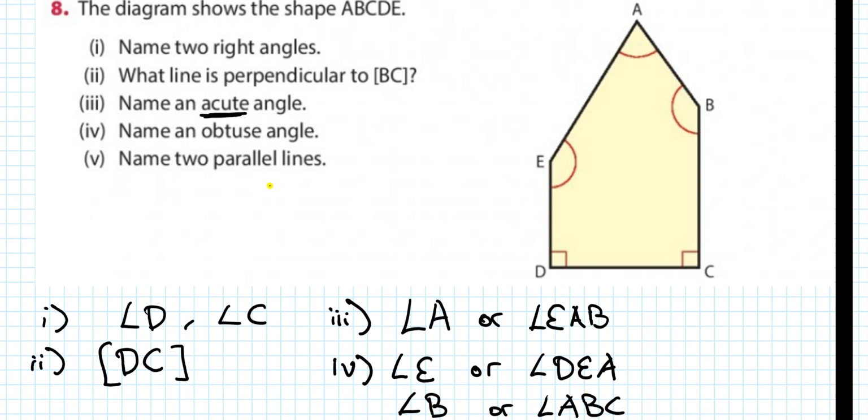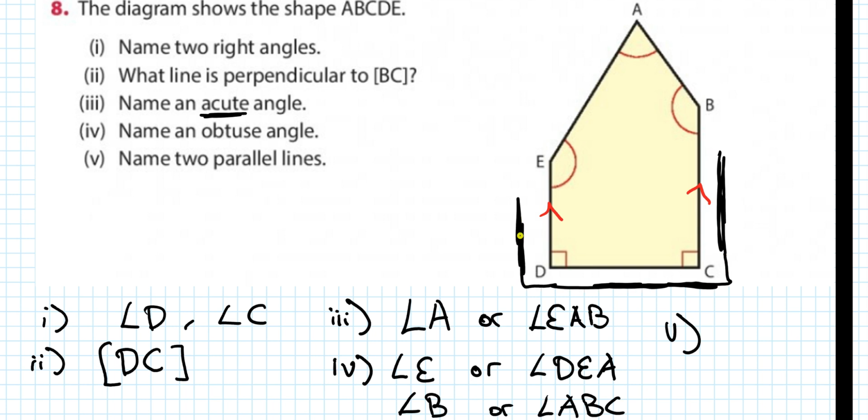And name two parallel lines. It doesn't actually say in the diagram that they're parallel, but I know they're parallel because there are two 90-degree angles between them. Imagine you're walking along this road, you turn right, and then you turn right again. Maybe in New York, you're walking along the straight avenues, and you take a turn up a street, and then you turn right again.